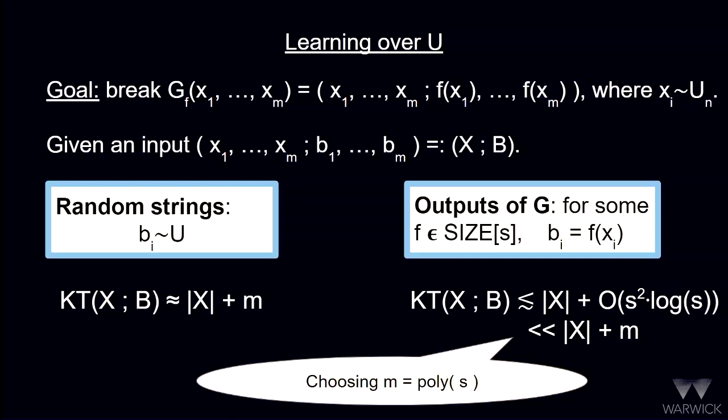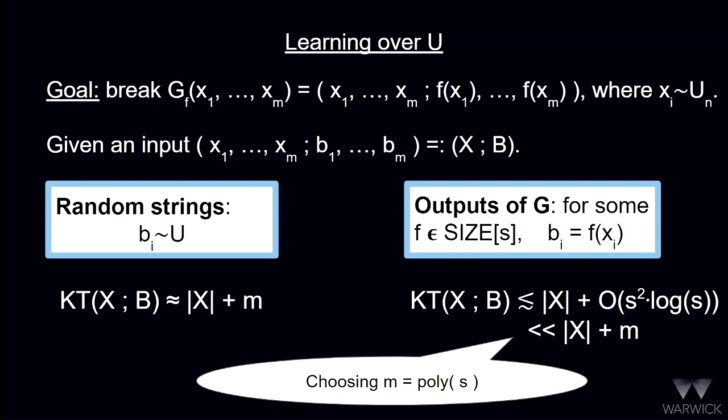On the other hand, if we're looking at an output of G, well, I want to show that we can get some KT compression of the string. So again, Xi's are uniformly random, no hope of compressing them. So let's just hard code their whole description.